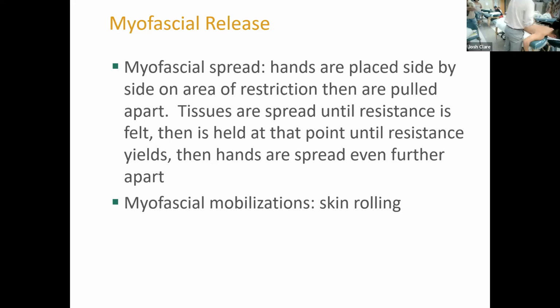Now, fascia runs in every direction, so there is no one direction, it's not transverse from the massage where I have to know the fibers of the muscles, but then I'm able to measure that. We want our fascia to be flexible in every direction. So there are times I'm going to want to be over time to get more of this direction, maybe more diagonal, right? So you just have to figure out where is the restriction, what directions I want to move it.